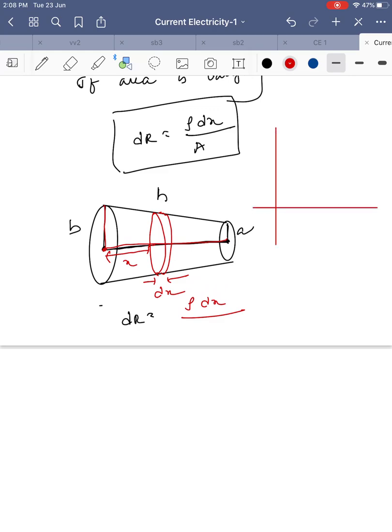See, if you draw radius versus x, it is coming from here to here in this direction. It is b here, it is a on the other side.